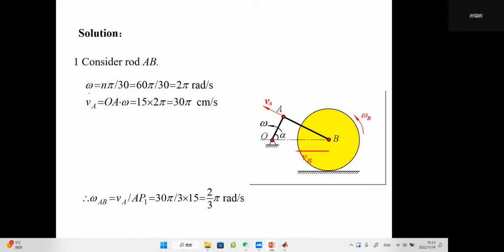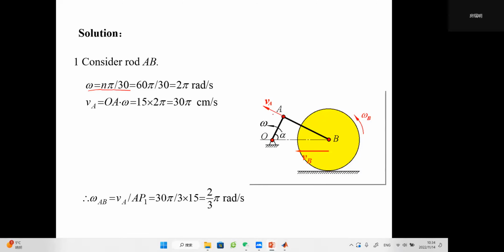And we just talked about why this is the expression. It tells us the relationship between omega and n. So we have omega OA is 2 pi radians per second.